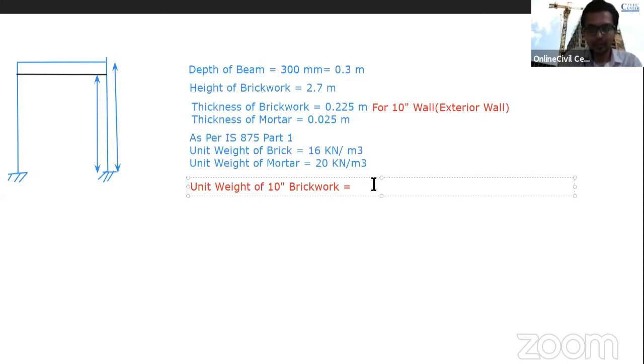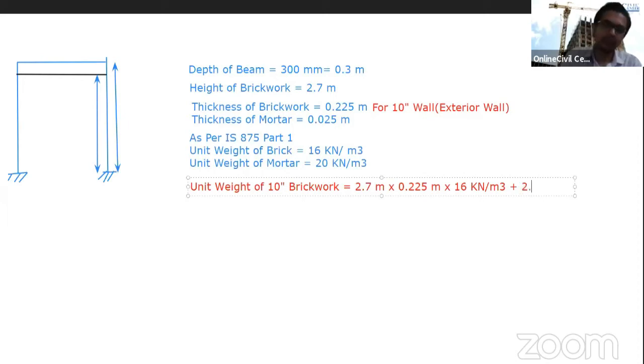So the unit weight of 10-inch brickwork will be equal to, what is the height of the brickwork? It is 2.7 meter, 2.7 meter into the thickness of the brickwork, 0.225 meter, into your unit weight of brick, which is 16 kilonewton per meter cube, and plus, the height will be the same.